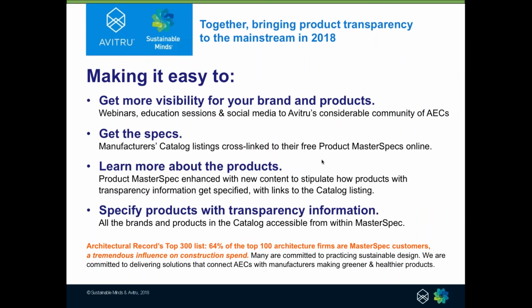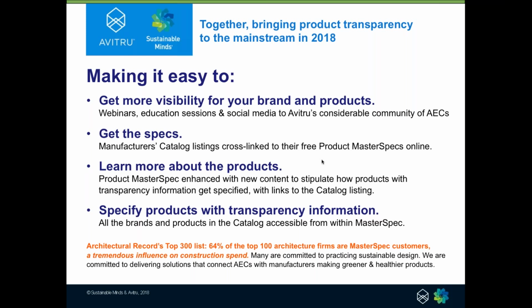So in our partnership with Vtrue, again, it's all about bringing product transparency to the mainstream and making it easy to get more visibility for the brands in the catalog, get product transparency information into manufacturers' specifications and make it easy to access those specifications.